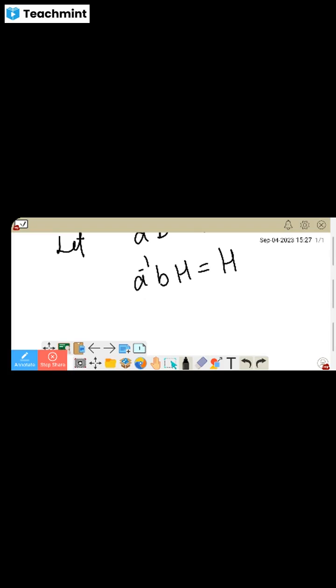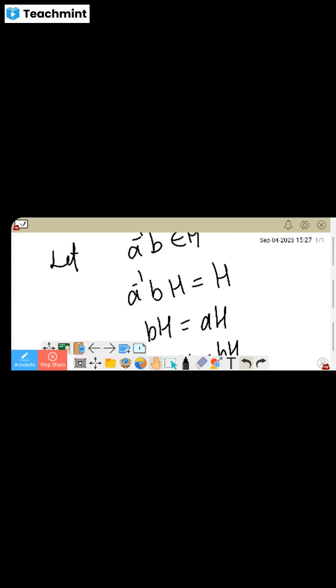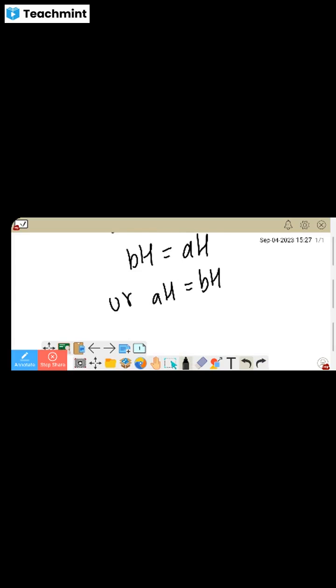So BH is equal to AH. How? Because we are taking this inverse here. So this is proved conversely.